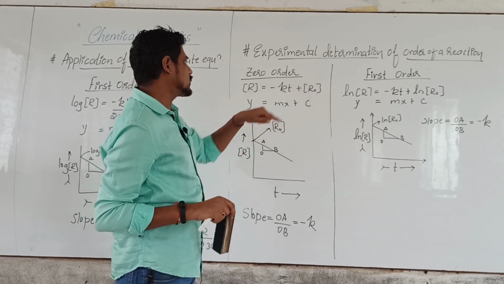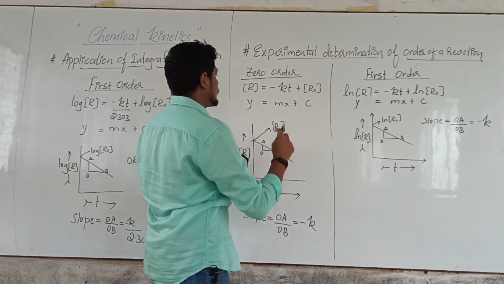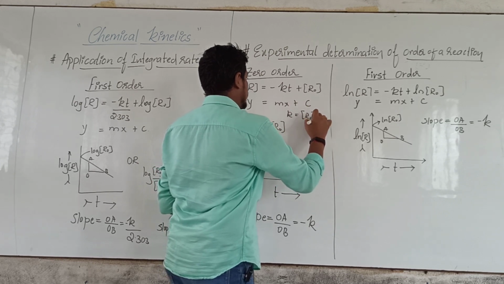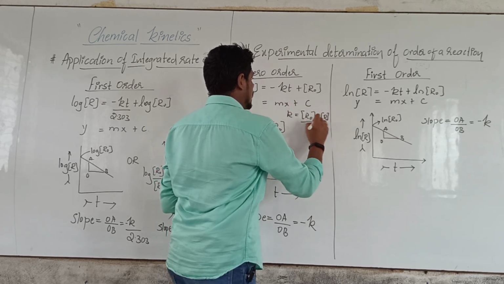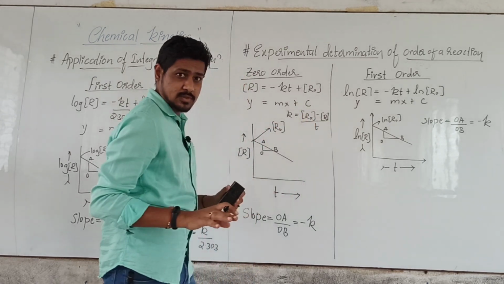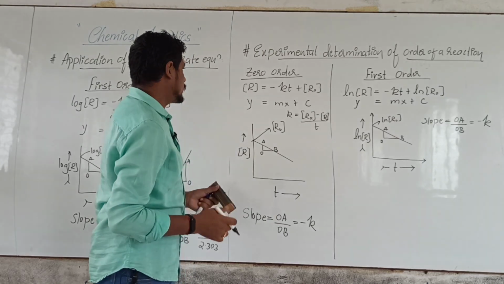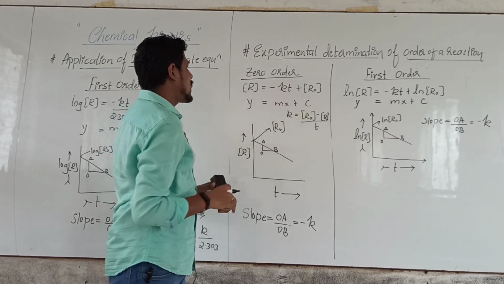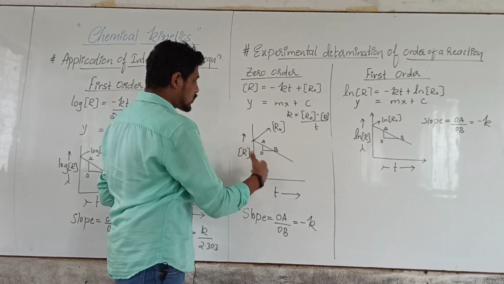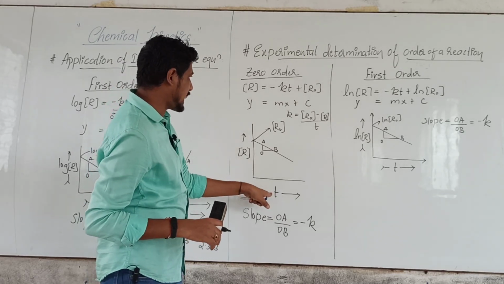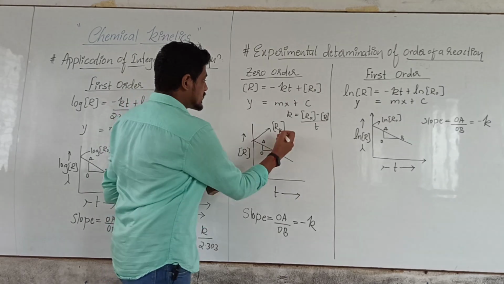On rearranging we will get K is equal to (R naught minus R) divided by t. So don't get confused, this is only written in a different way. This equation is like y is equal to mx plus c. When plotted, R along the y-axis and time along the x-axis, this is constant, this is your R naught.